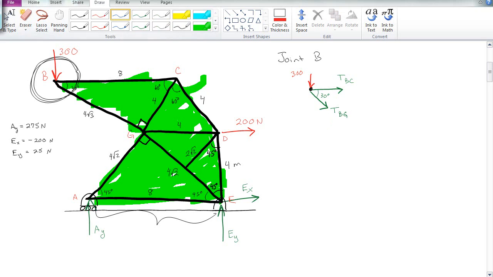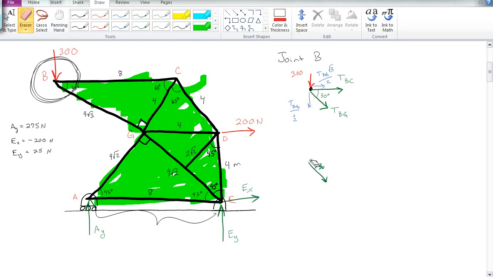Because I can break that out, so in the 30 direction, across from the 30 is the 1/2, so this is going to be tension BG times 1/2, and the component going in this direction is going to be tension BG times the square root of 3 over 2. So if you're wondering where that came from, we're just going to be doing this a lot, so it's good to get used to it.